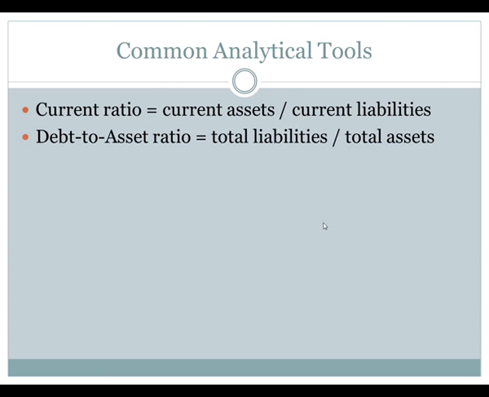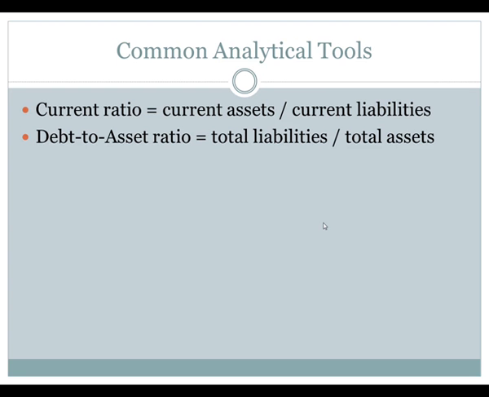In the case of a current ratio, the higher the number, the better, by and large. Normally we would expect a current ratio to be more than 1-to-1. In other words, we would expect to have current assets in excess of current liabilities. That doesn't always happen, but that's typically what we would expect to see.